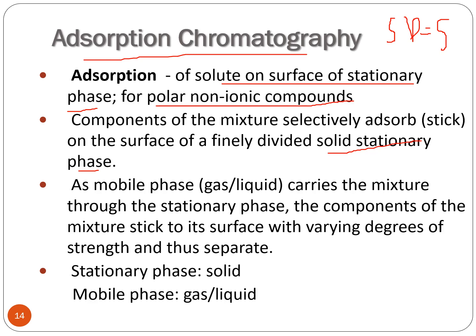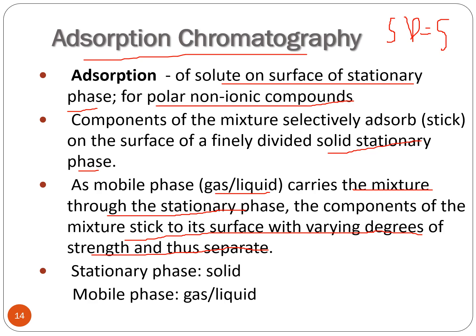Okay, konsep dia. So, as the mobile phase, in the form of gas or liquid, carries our sample through the stationary phase, the components of the mixture stick to its surface with varying degrees of strength and thus separate. So, bila mobile phase along with our sample mixture go through the stationary phase, ada komponen yang akan melekat dekat the stationary phase, dan ada yang tak melekat.